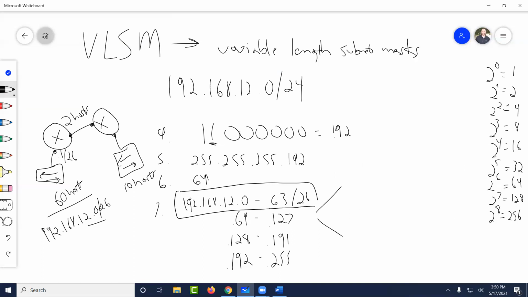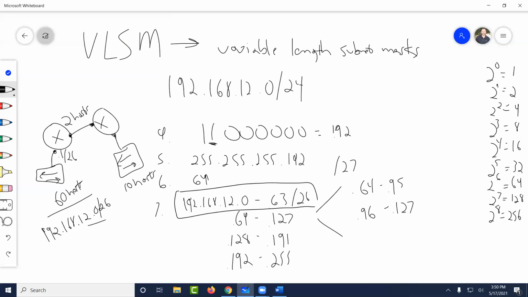So let's just take this second subnet and subnet it again. We're at /26 right here. Let's do /27. What would the magic number be if it was /27? It would be 32, correct? Yes. So we'll go 64 to 95 and 96 to 127. I think I did my math right.